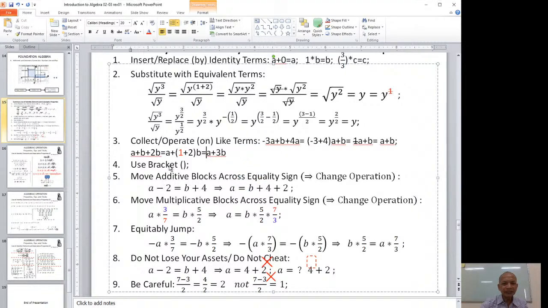Use the bracket to simplify our calculation. Then move additive blocks across the equality sign, chain operation.